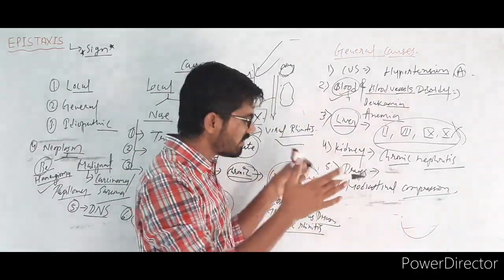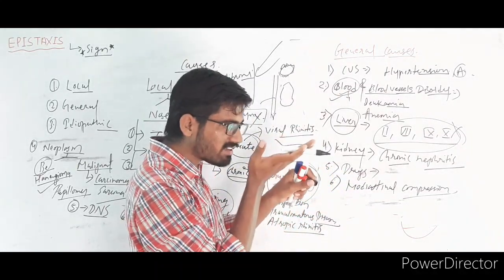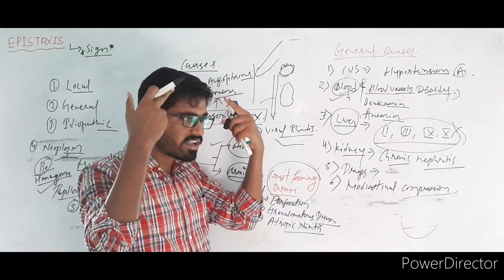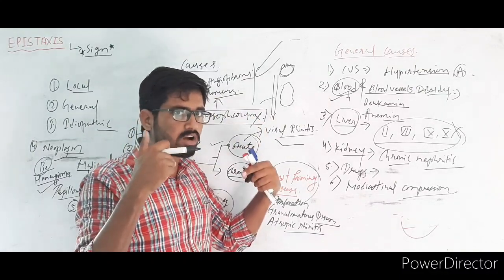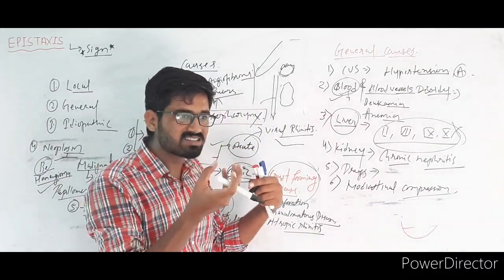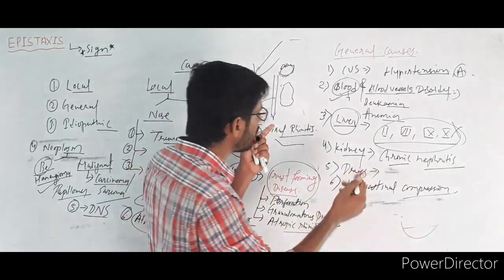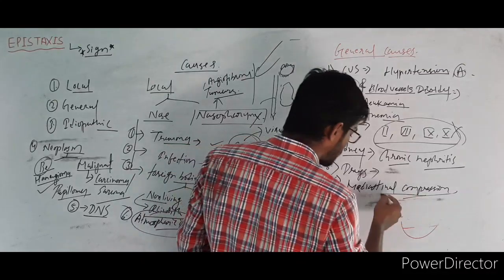If there is mediastinal compression, blood vessels will be compressed, so venous drainage from the head and neck will be restricted. Venous pressure will increase in the nose, and it will lead to bleeding. So that is mediastinal compression.